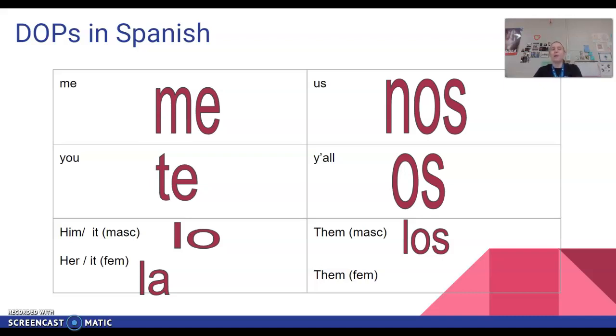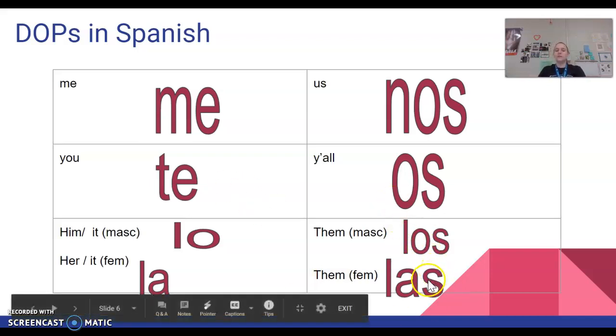If it is a plural masculine item, I would use los. If it is a group of all girls, like I'm helping them and I'm talking about all girls, I would use las. I would also use las as my direct object pronoun if I'm talking about apples, las manzanas. Okay.